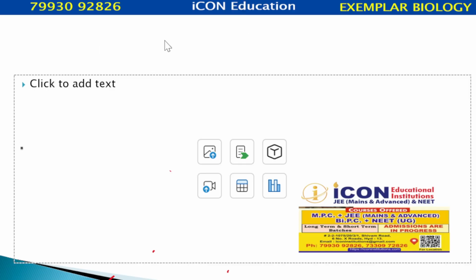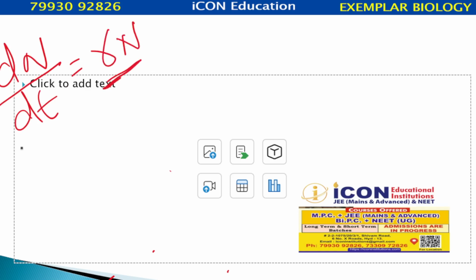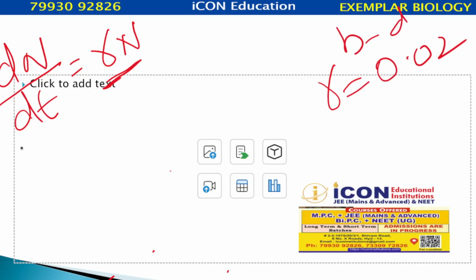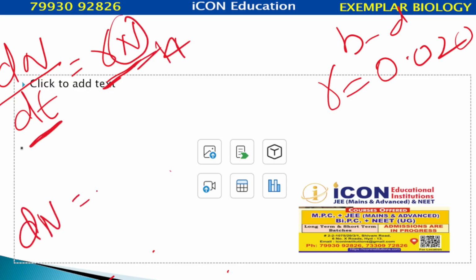Formula for this is dN by dt equal to rN. In the given data I found r like 0.02, birth rate minus death rate, b minus d. N itself is given, 14 million. So I am writing dN equal to rN into time.